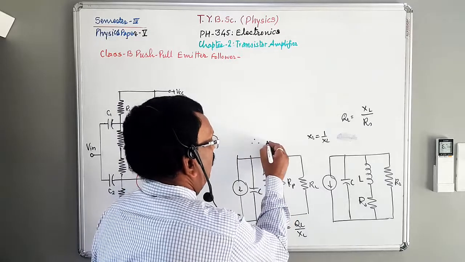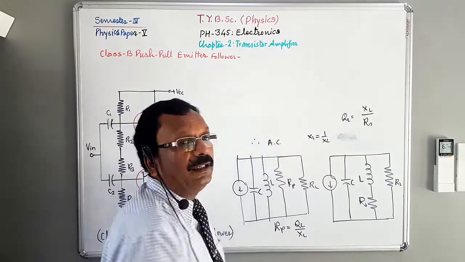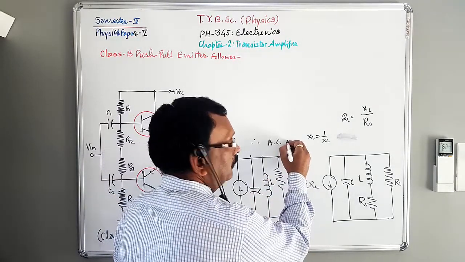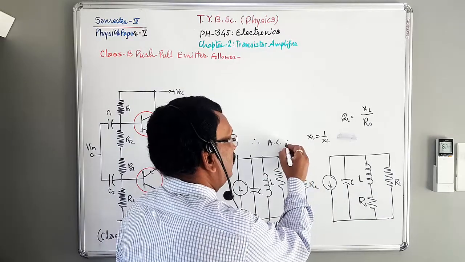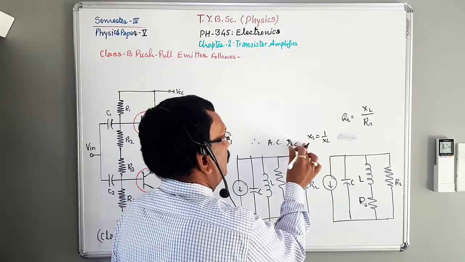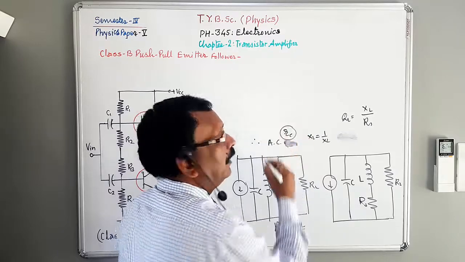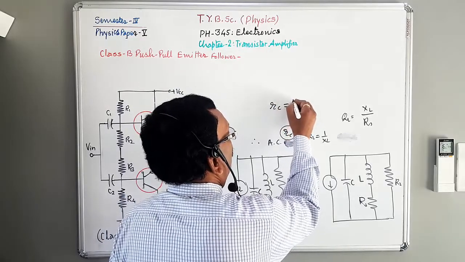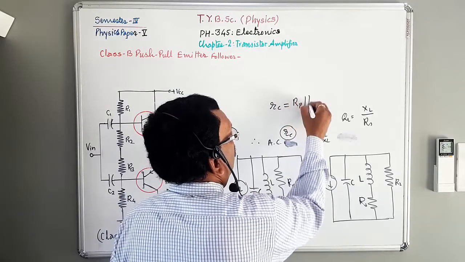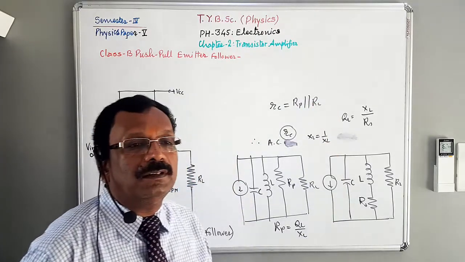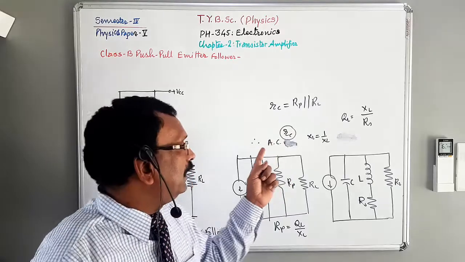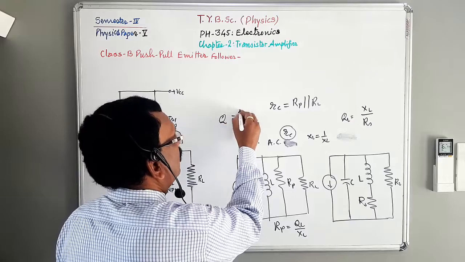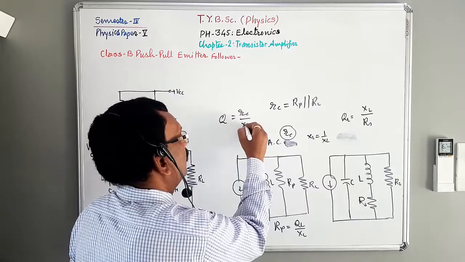Therefore the AC resistance seen by the collector at resonance, that is RC, is equal to RP in parallel with RL, and therefore the overall quality factor of the circuit is Q equal to RC upon XL.